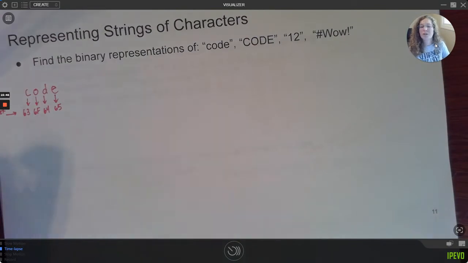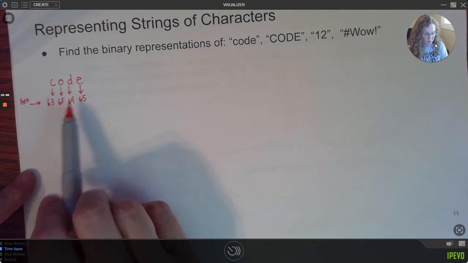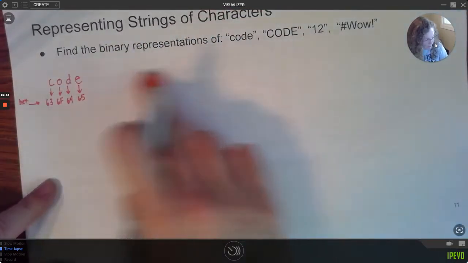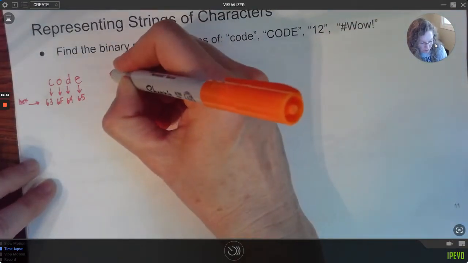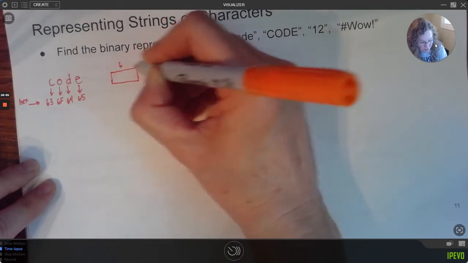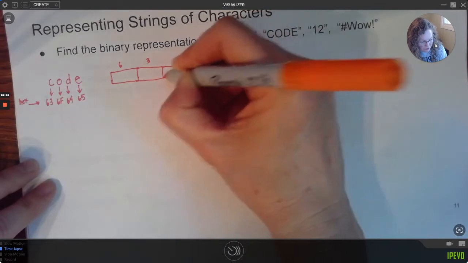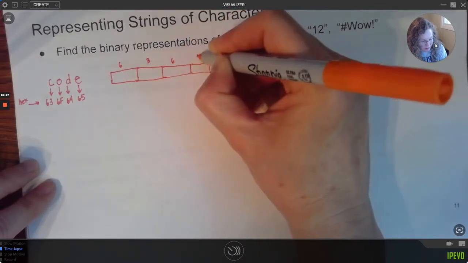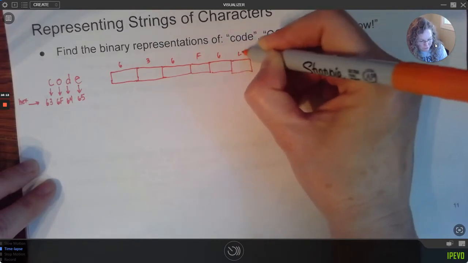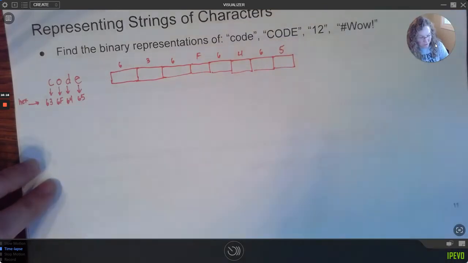And to put it into binary, I just have to replace each of these hex digits with the 4-bit binary. So let's do 4 bits for the 6, 4 bits for the 3, and then we'll have a 6, and then an F, the 6, and the 4, the 6, and the 5.